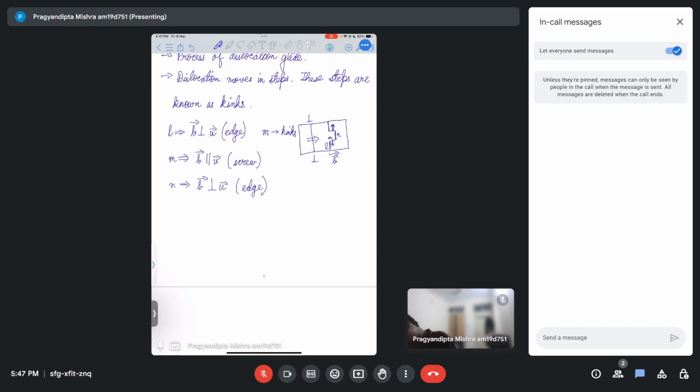Kinks move across laterally, resulting in average displacement of the dislocation.